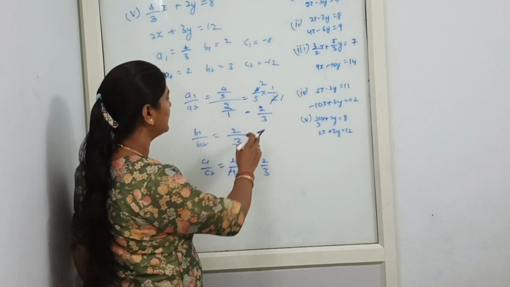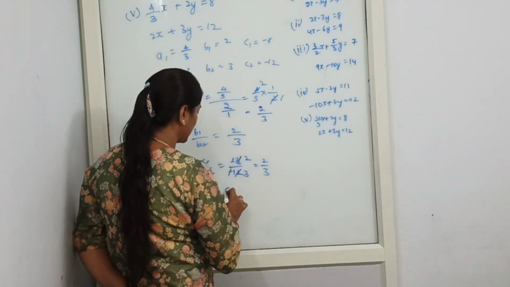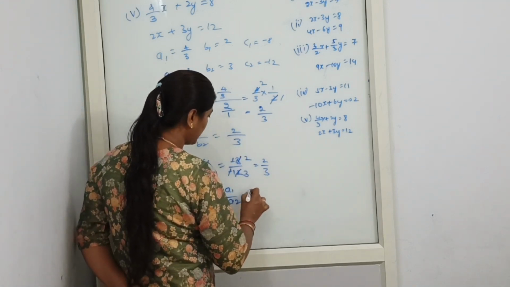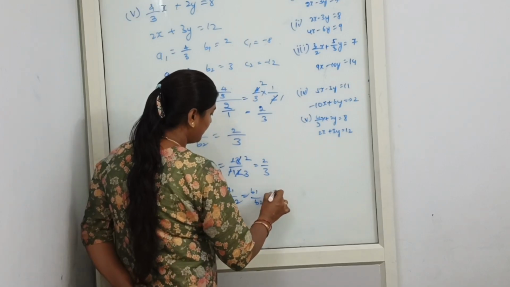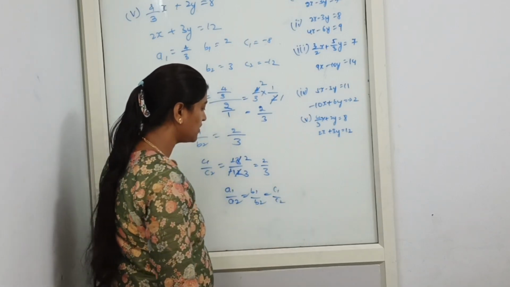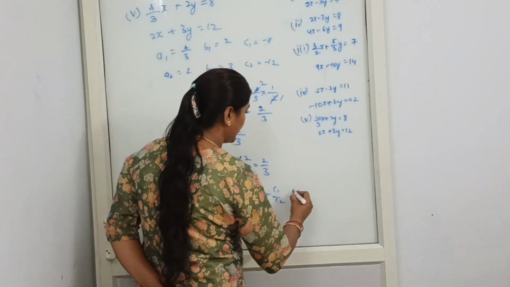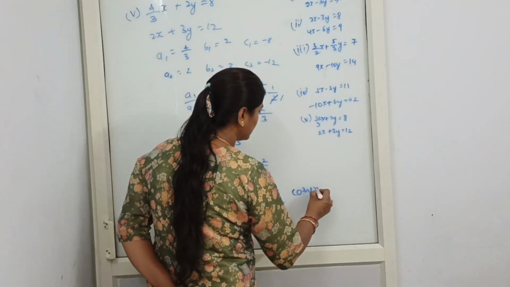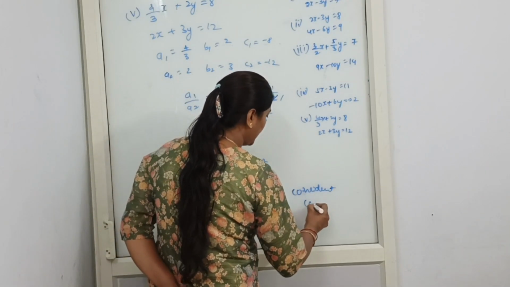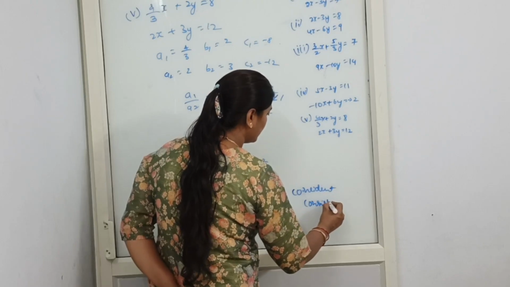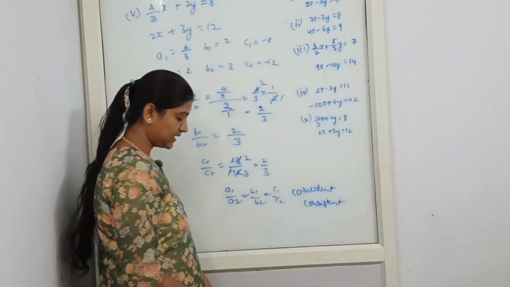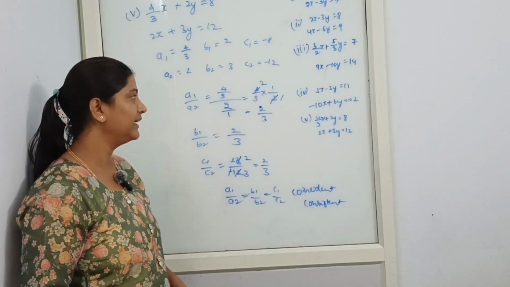So we got all the ratios as 2 by 3, 2 by 3, that means A1 by A2 is equal to B1 by B2, that also is equal to C1 by C2. That means again they are coincident lines, so that means consistent. Solutions exist means consistent. Clear?